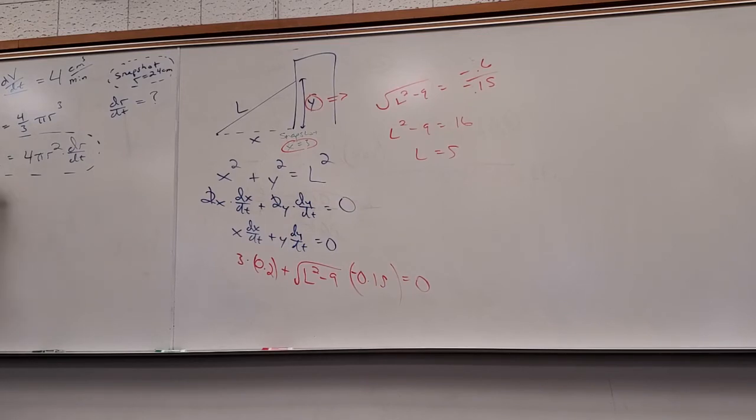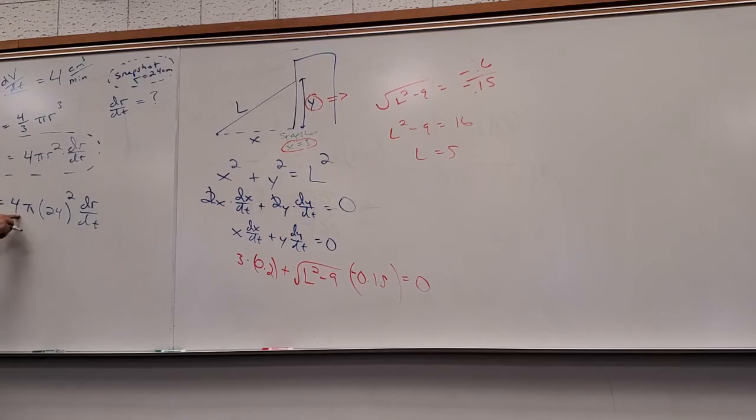So now, what do I put here? 4 centimeters. And then in the case of r, 24. And then dr dt, that's what I'm trying to figure out. It's going to be something silly small, right?